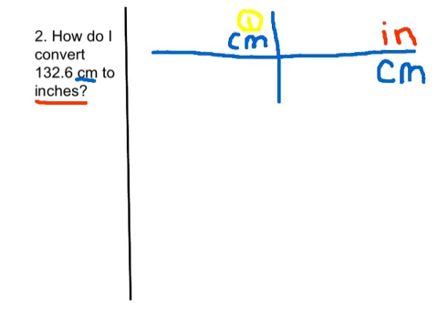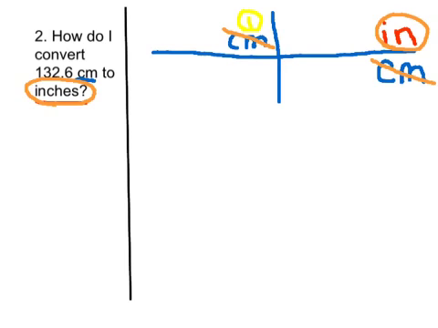So what's going to happen is when we do our math, the centimeters on top are going to cancel with the centimeters on the bottom, and all we're going to be left with is inches, which is exactly what we want, just inches, according to our question.